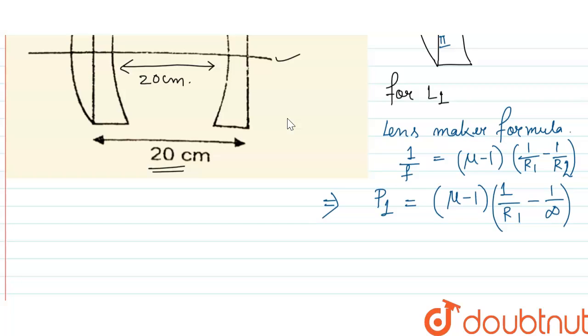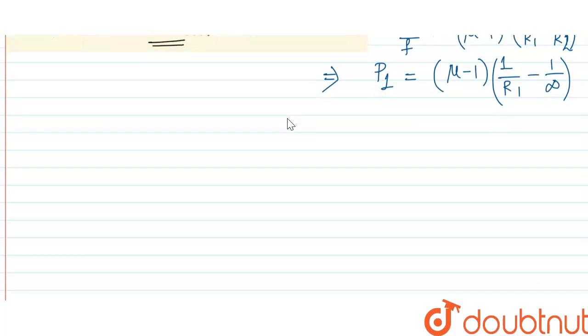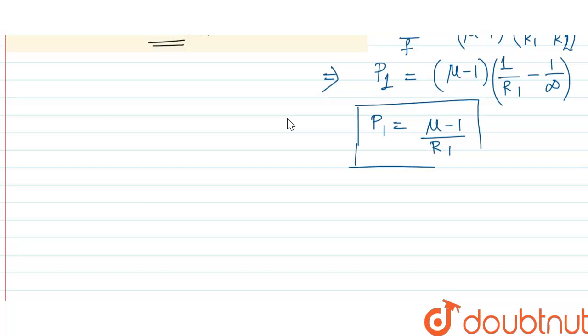Because for lens L1, the second surface is a plane surface, and for a plane surface the radius of curvature is infinity. That's why we have put 1 by infinity. So P1 is equal to (mu minus 1) by R1, because 1 by infinity is 0. So this is our first equation, the power of lens L1.